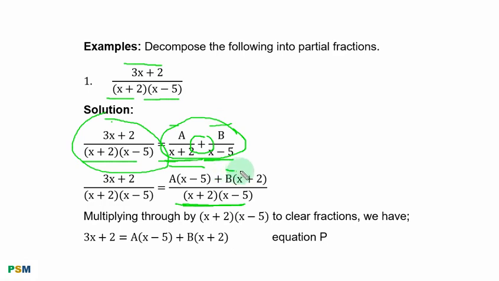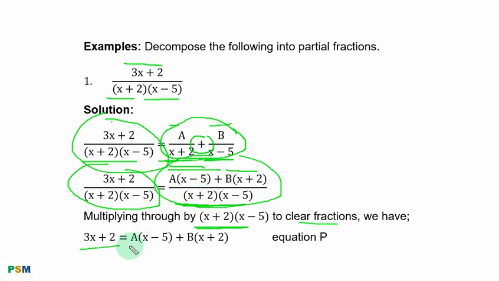You have these results. Multiply through by the LCM to clear fractions. So you multiply through this term by the LCM, you are left with 3s + 2 equal to, you multiply this term by the same LCM, you are left with the numerator.